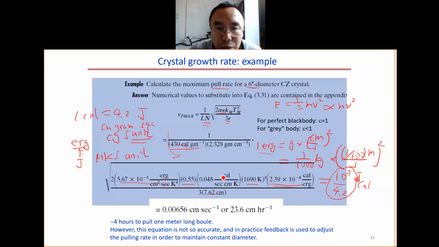Then we have calorie here, here and here, so the erg cancels out this erg, and the calorie cancels out this calorie. In the end, you get a centimeter per second, which equals 23.6 centimeter per hour. This is the pulling rate. To pull a 1 meter long ingot will need 4 hours. Okay, thank you.